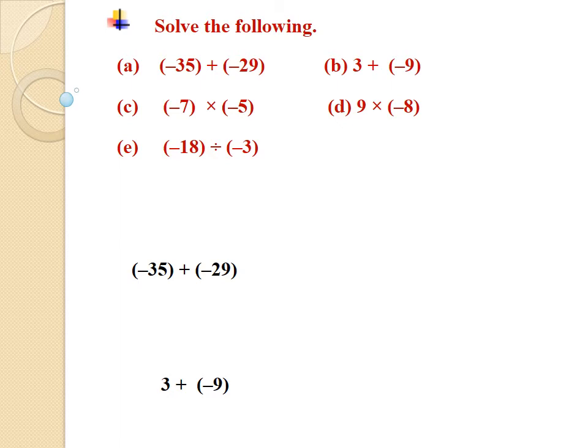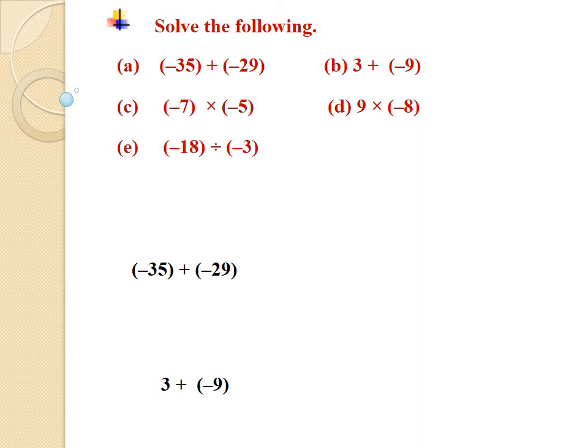Now, rules for multiplication of integers. Rule number 1. To find the product of two integers with unlike sign, we find the product of their values regardless of their sign and give a minus sign to the product. Thus, if one integer is positive and one integer is negative, then their product is negative.